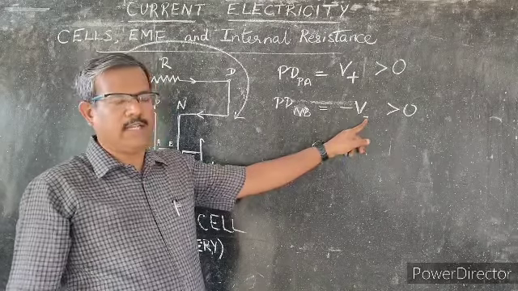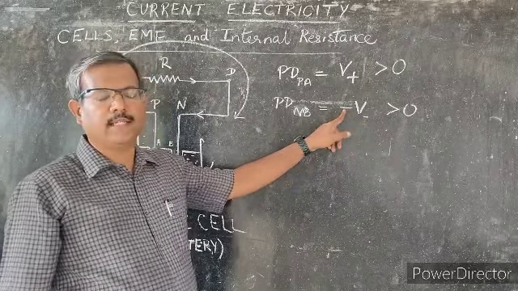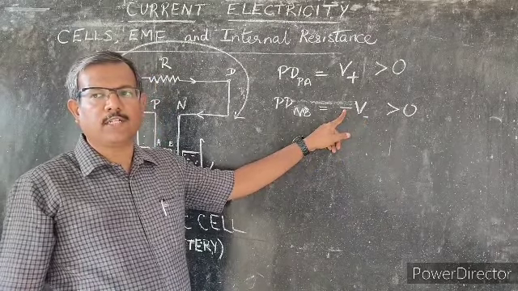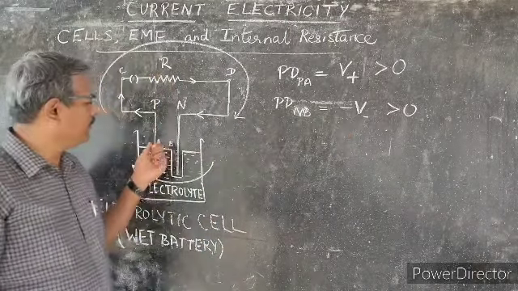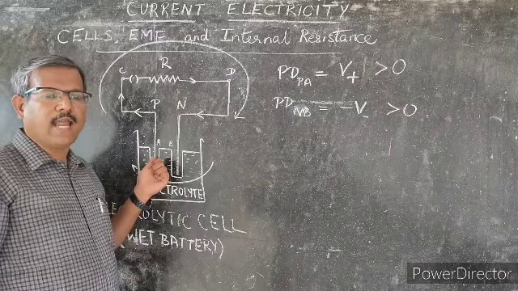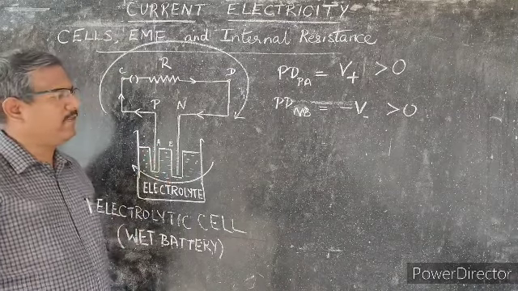V minus because it's a negative terminal, and this minus sign indicates that the potential difference is in a direction opposite to the direction in which the potential difference at the positive electrode has developed.